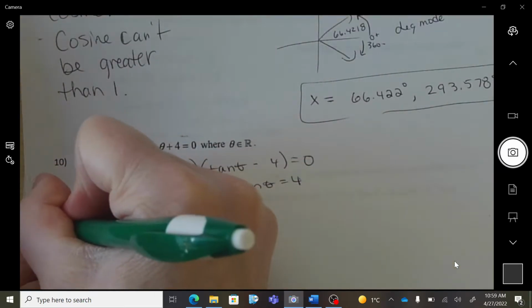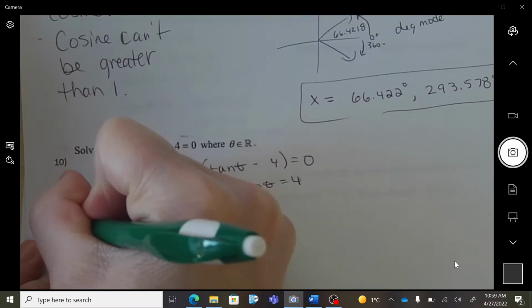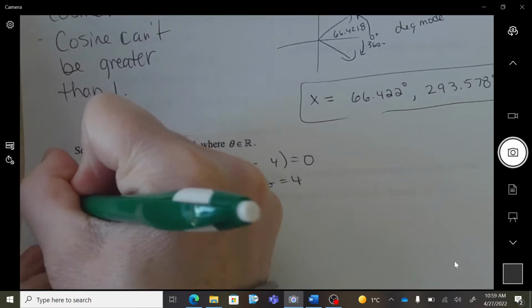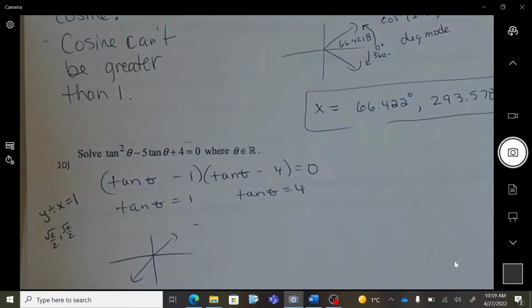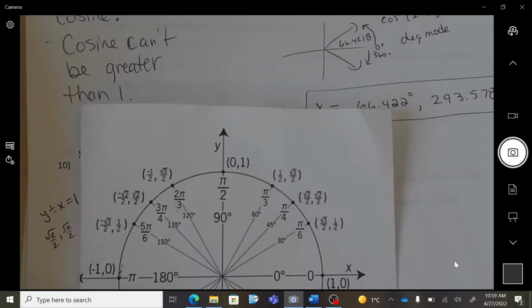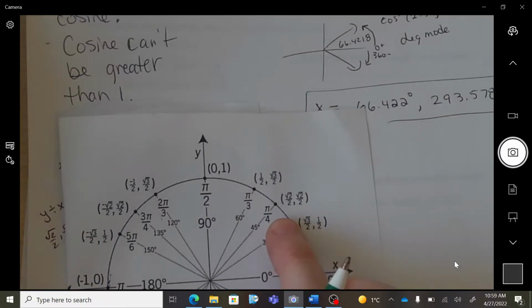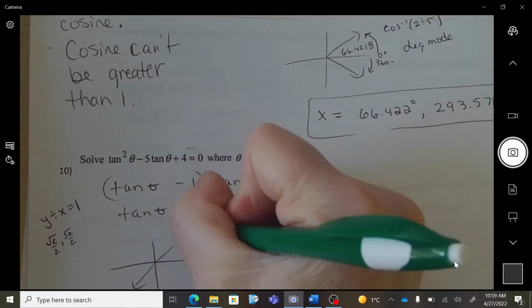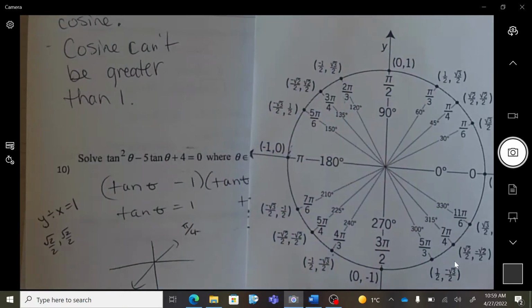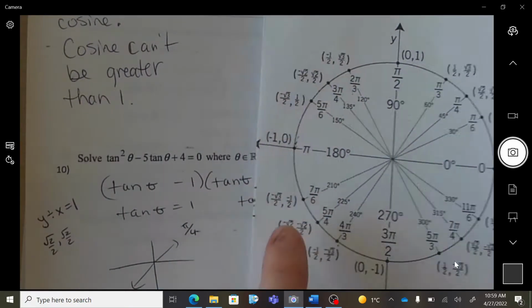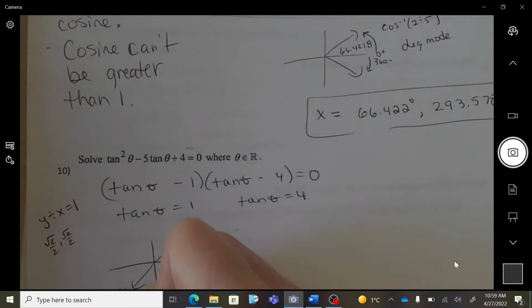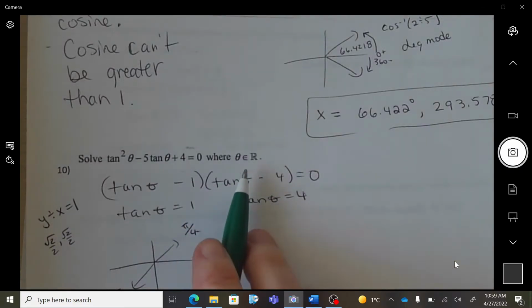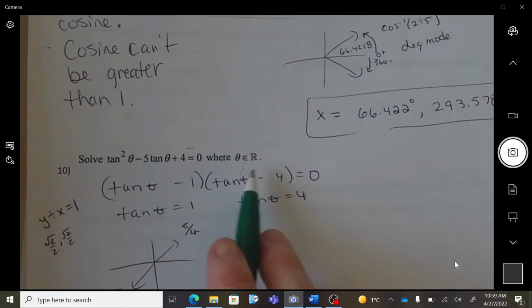So root 2 over 2, root 2 over 2, right? Y divided by x would equal 1. That's where I'm looking. So there, so pi over 4, and there, that would be 5 pi over 4. And I'm asked to do all real values.